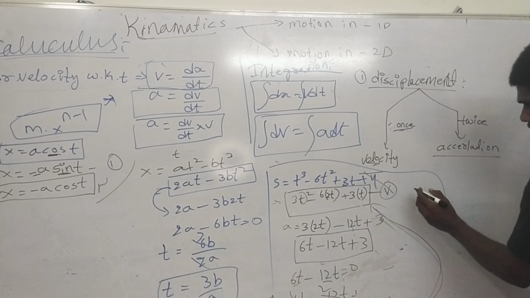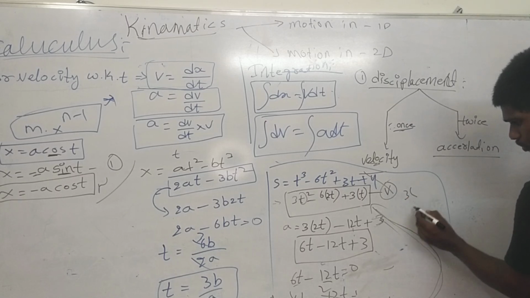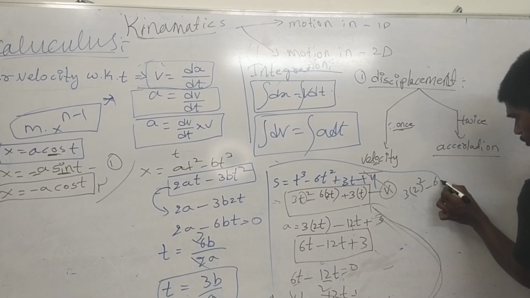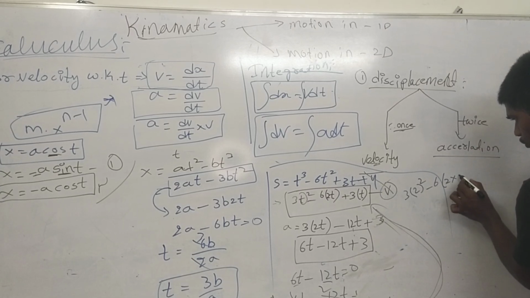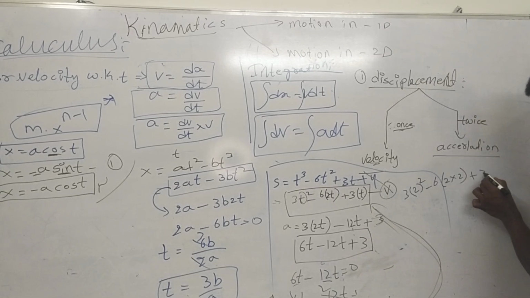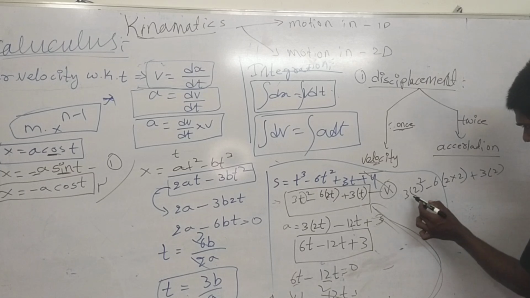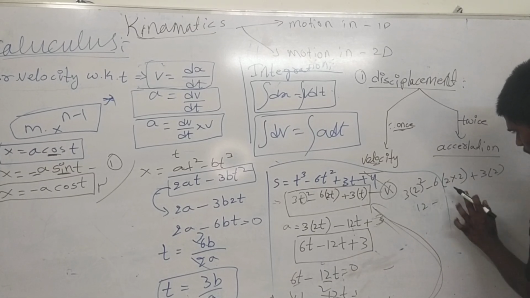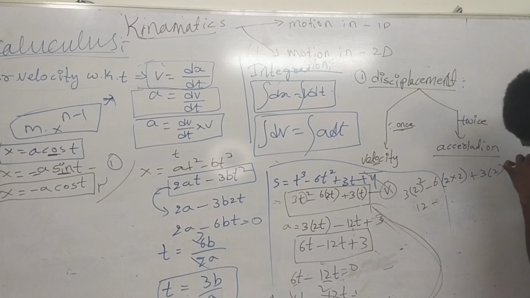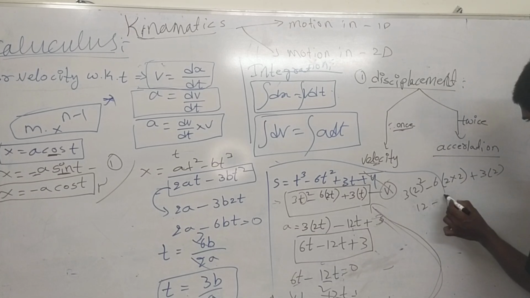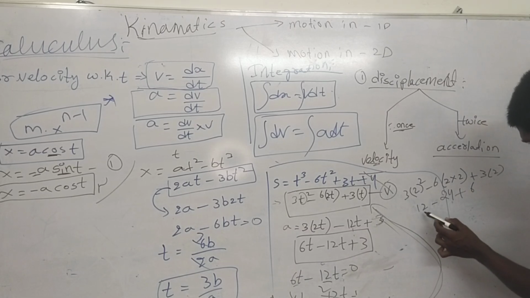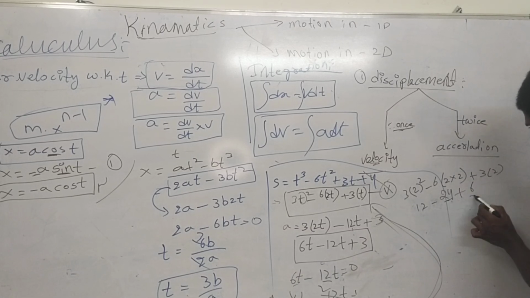So we get 3 into 2 square minus 12 into 2 plus 3. 3 fours are 12, minus 24, plus 3.